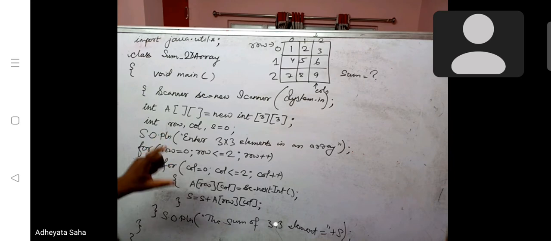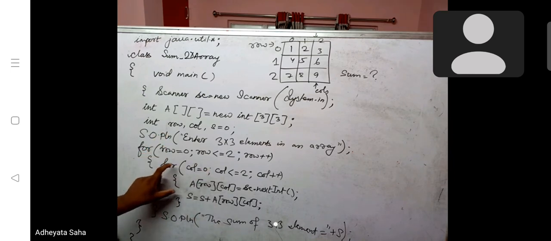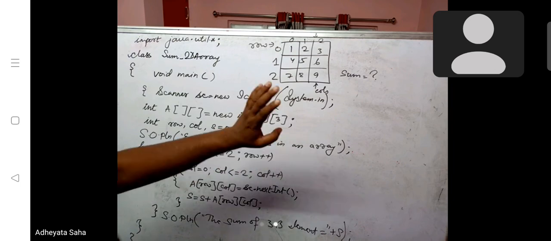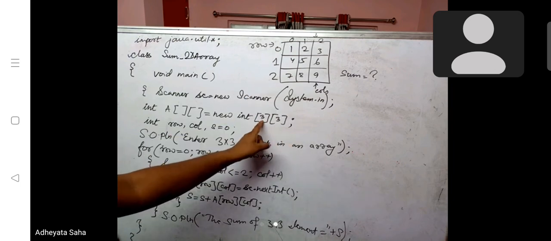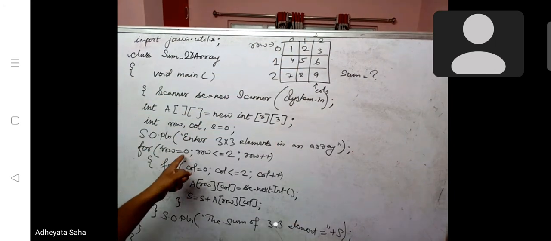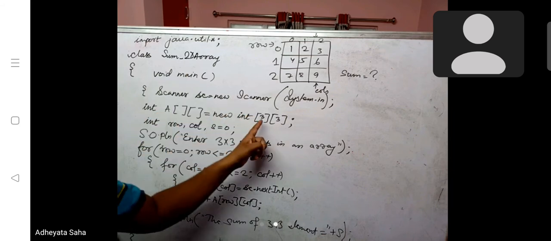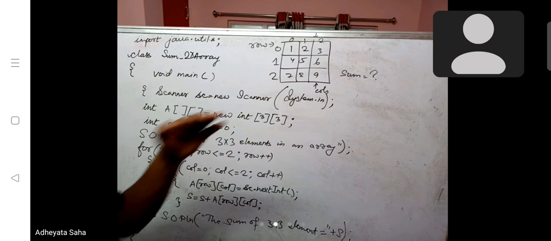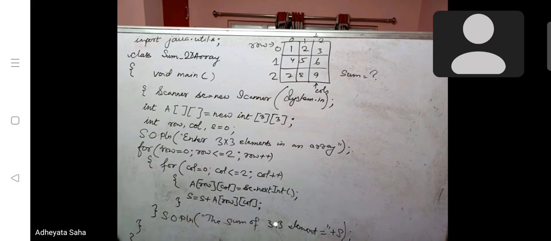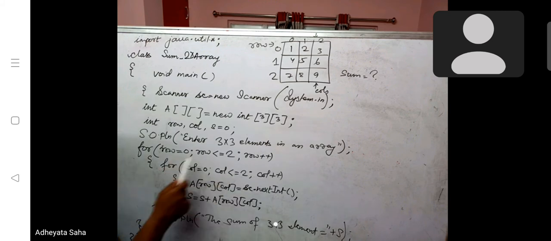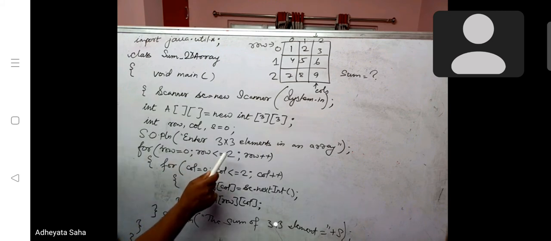The logic is this: if the question is 4 cross 3, then here you will write 4 and here you will write 3, meaning there will be 4 rows, from 0 to 3, since 4 minus 1 is 3. But in this example there are 3 cross 3, so row will start from 0 till 2 and column will also start from 0 to 2.